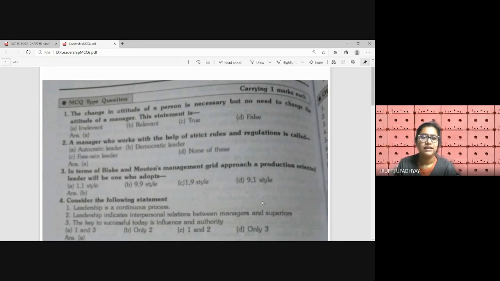Next question. In terms of Blake and Mouton's management grid approach, a production oriented leader will be one who adopts which style of leadership?